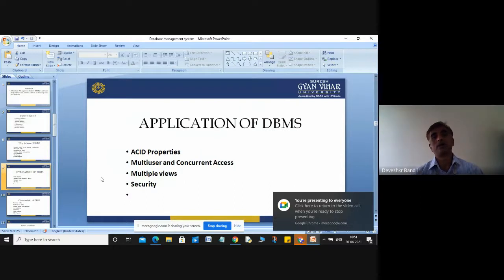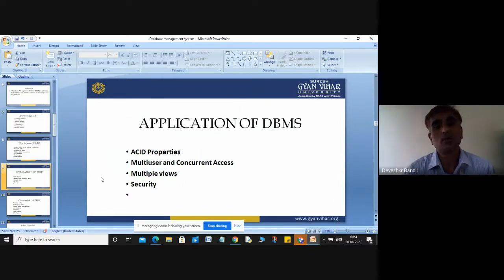And now there are many applications of your DBMS, like ACID, multi-user and concurrent access, multiple views, and security.